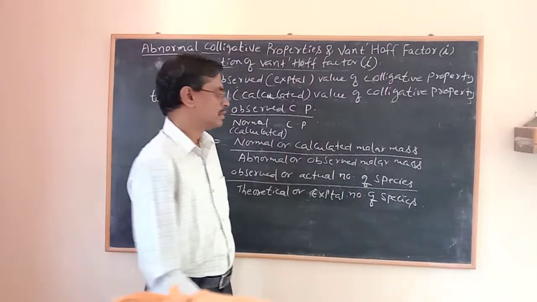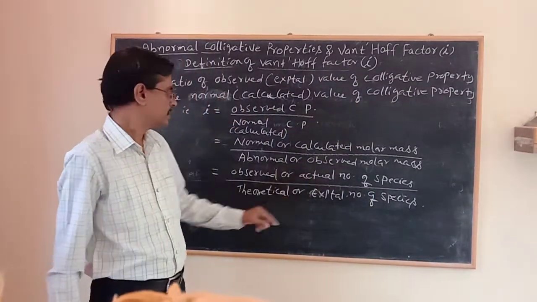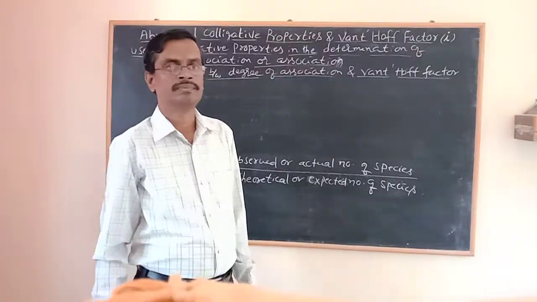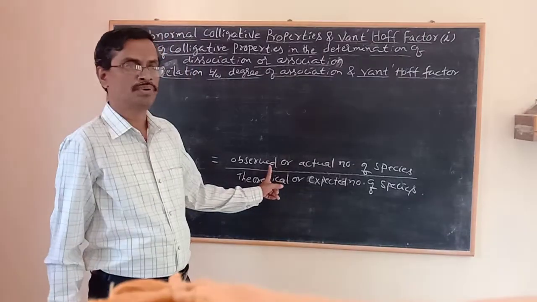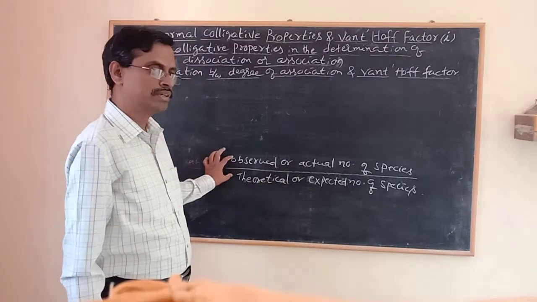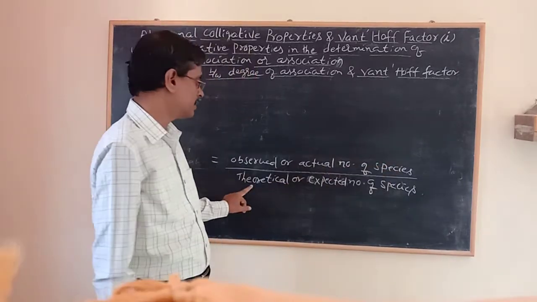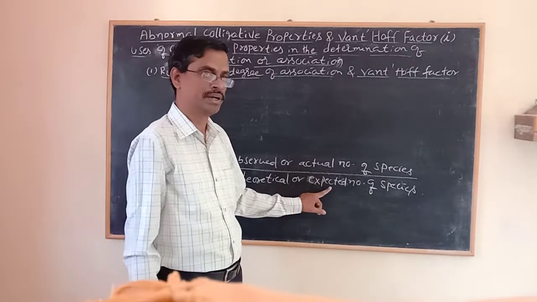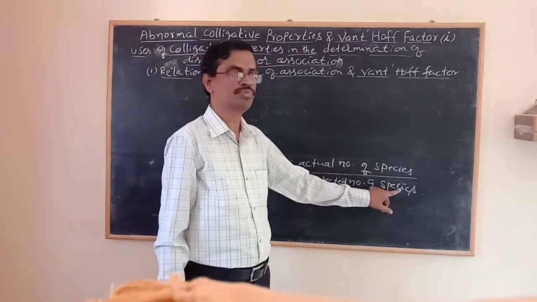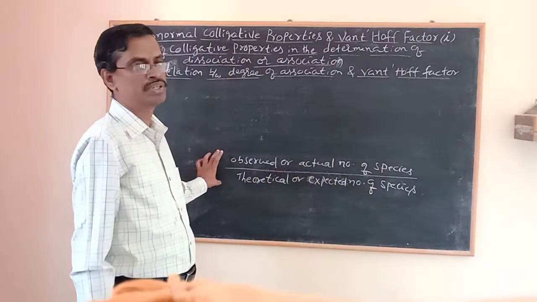So this is another definition for the Van 't Hoff factor. Small correction there: the third ratio is the observed or actual number of species divided by the theoretical or expected, not experimental, number of species. This is the third ratio for the Van 't Hoff factor.